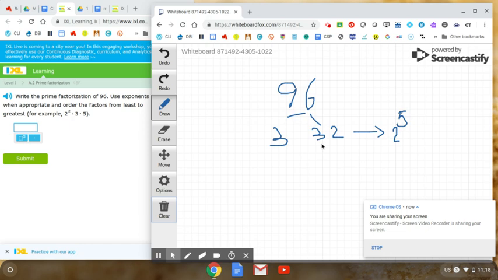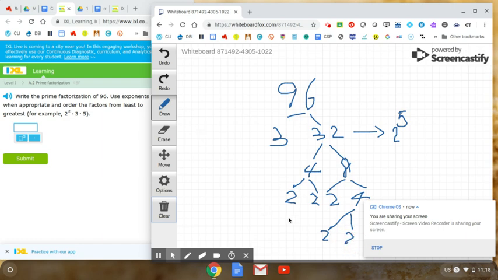If you don't trust me, you can try it, because you can say 4. 4 times 8 is 32. And here has 2. And here has 2 times 4. And 4 can be 2 times 2, right?